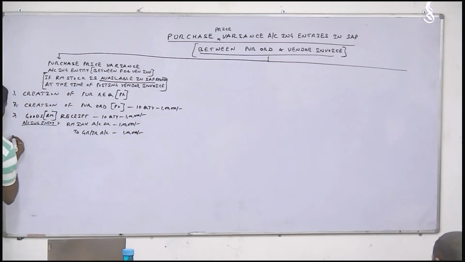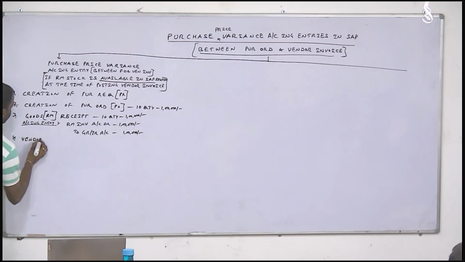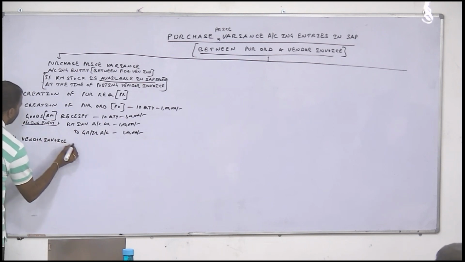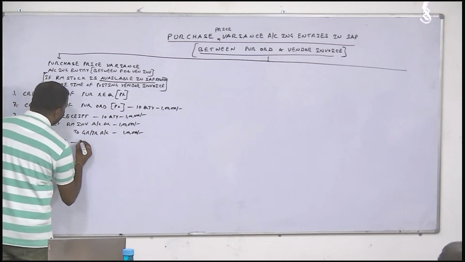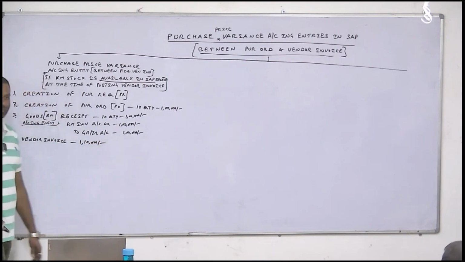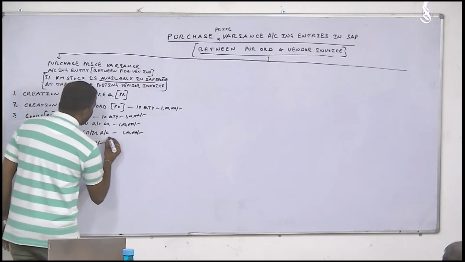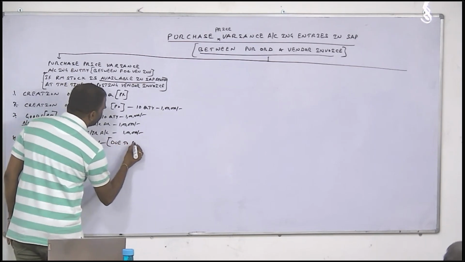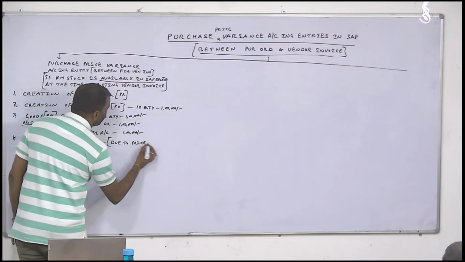Now, what is the fourth one? Vendor invoice. Here he has sent the vendor invoice for how much amount? 1 lakh 10,000.